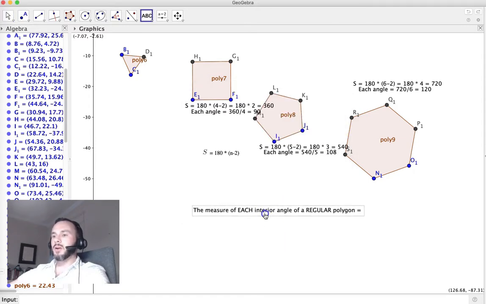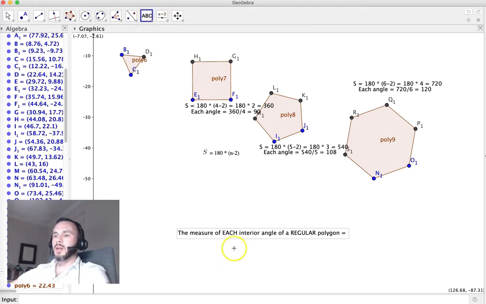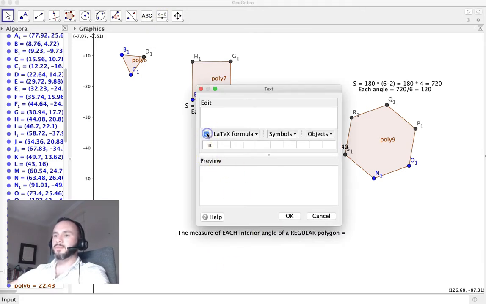And all of that is going to equal 180 times n minus 2, over n.